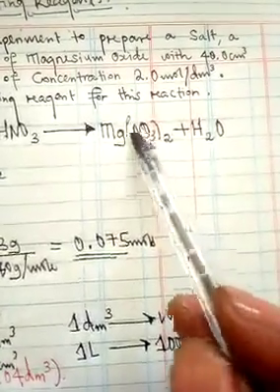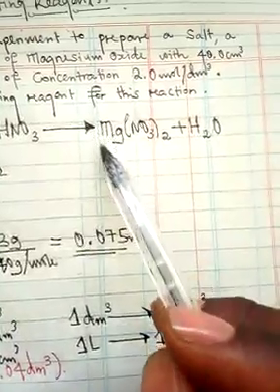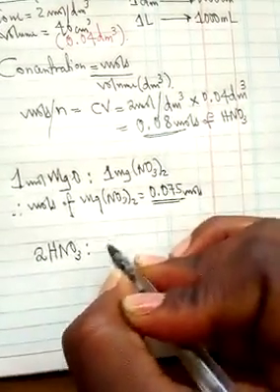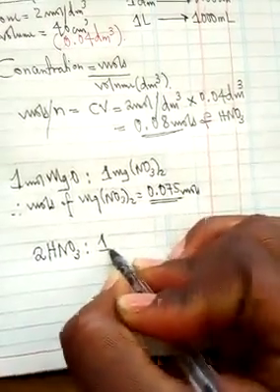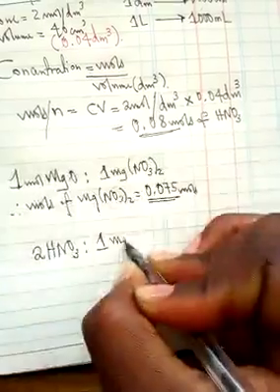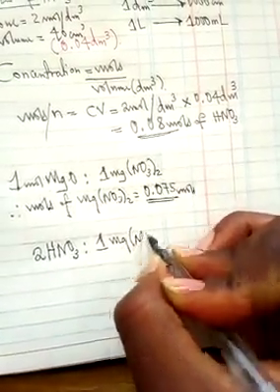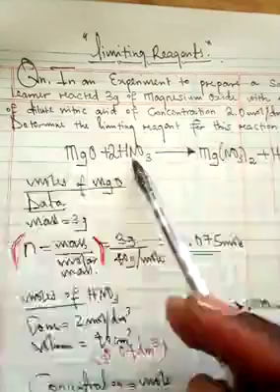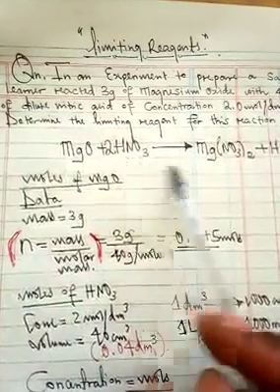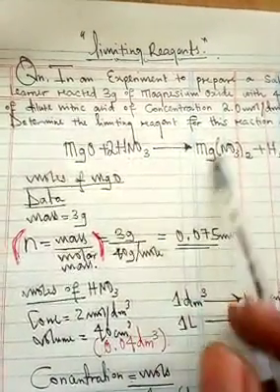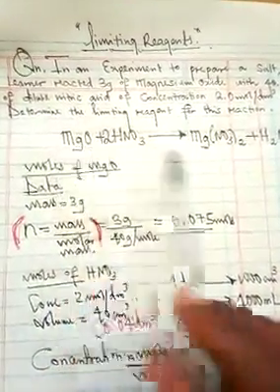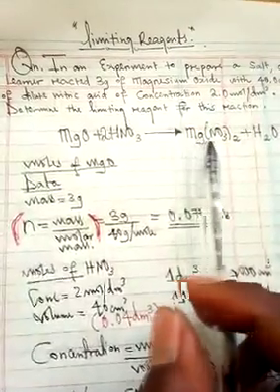Magnesium nitrate has a coefficient of 1. So 2 moles of nitric acid with 1 mole of magnesium nitrate. How do we interpret this? We interpret this to say that 2 moles of nitric acid was producing 1 mole of magnesium nitrate, while 1 mole of magnesium oxide was producing 1 mole of magnesium nitrate.